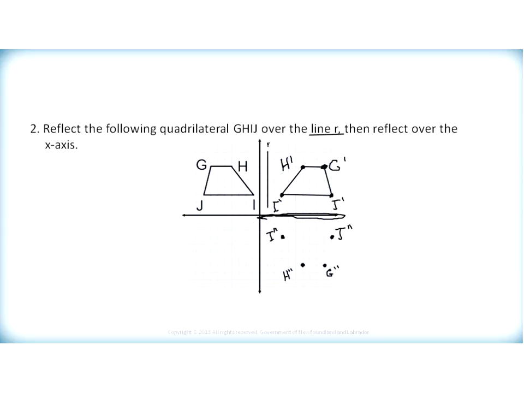So now once again, I grab my ruled line, and I'm going to draw that reflection by connecting my dots. And there we go. That's my reflection over the x-axis.